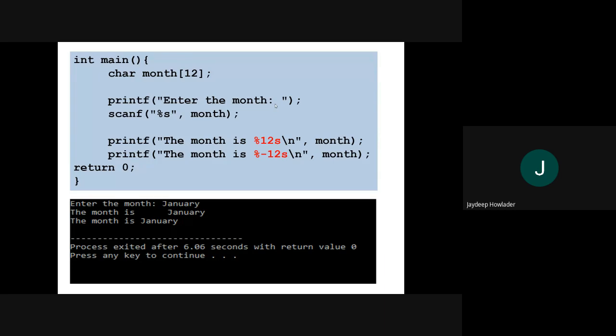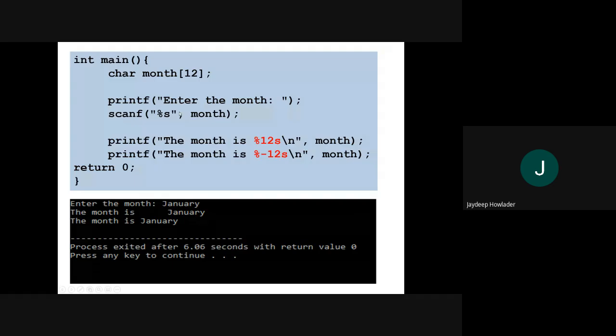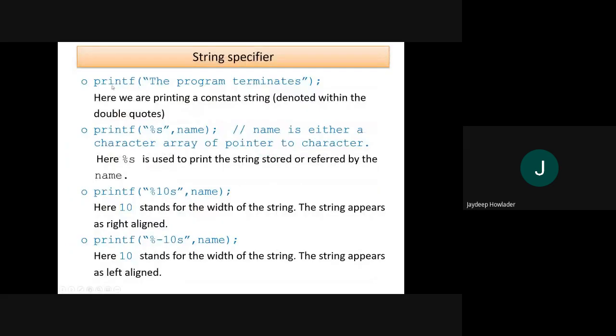So the printf function always takes an argument as a string, and this is basically a constant string. Whenever we put something within double quotes, that is a constant string. Understand? printf %s name. So this is basically a string with a variable.